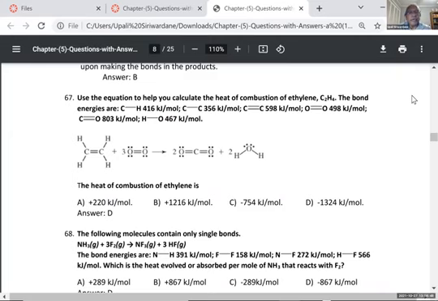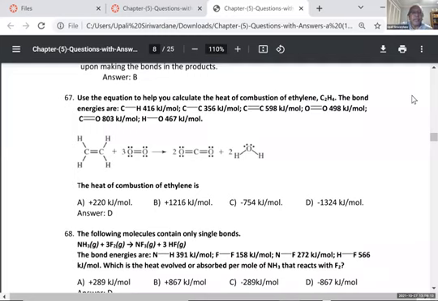The ethylene molecule, C2H4, has 4 carbon-hydrogen bonds, 1 carbon double bond, and 3 oxygen double bonds. So you add them up, these numbers are there.